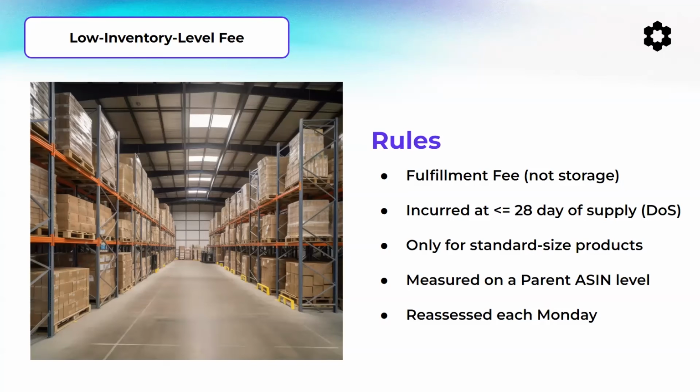The fees start to take effect when you have less than 28 days of supply, according to Amazon's history. They look at your historical sales for the last 90 days, your historical days of supply for the past 90 days and for the past 30 days, and whichever is higher is what they go with.